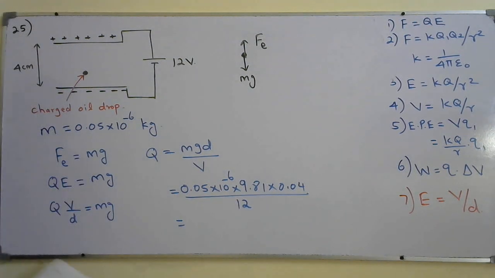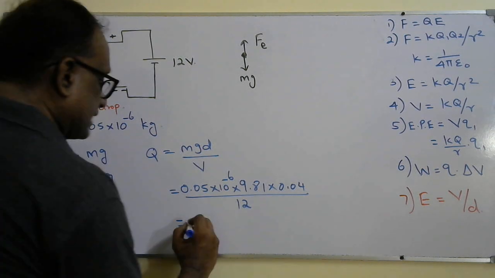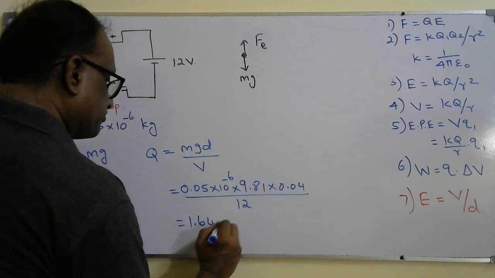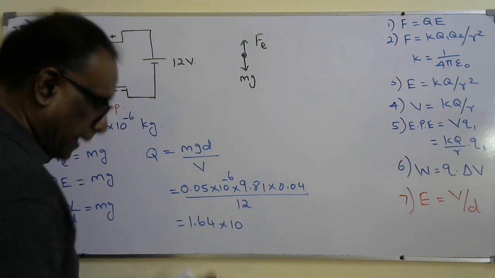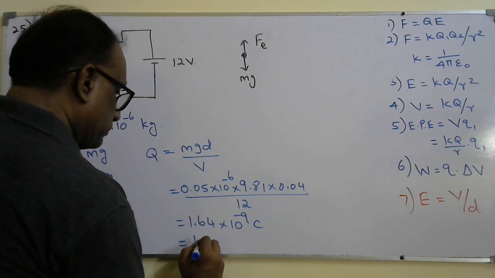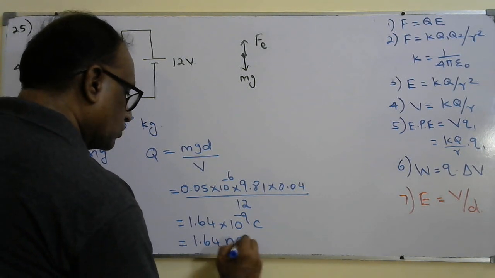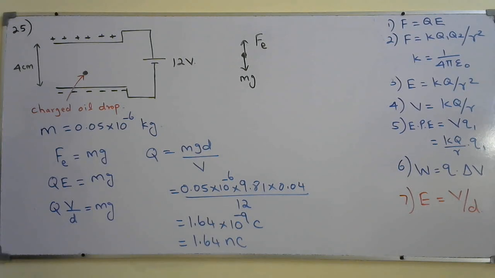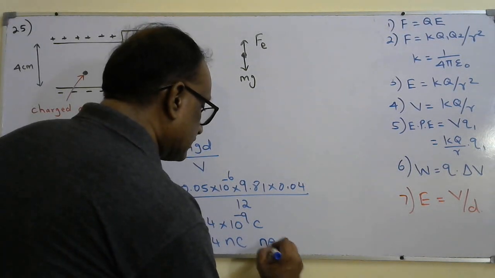Solve it and you will get the answer, which is 1.635, about 1.64 times 10 to the power minus 9 coulomb, or 1.64 nanocoulomb, which is a negative charge.